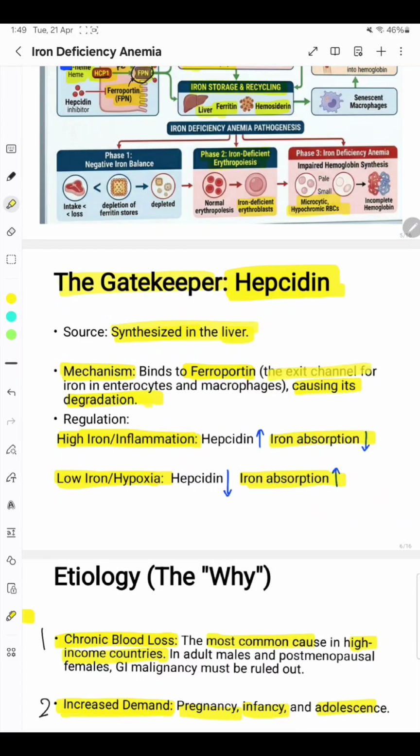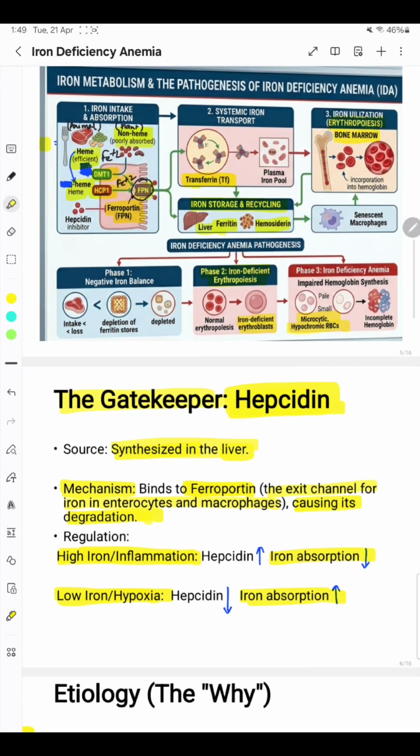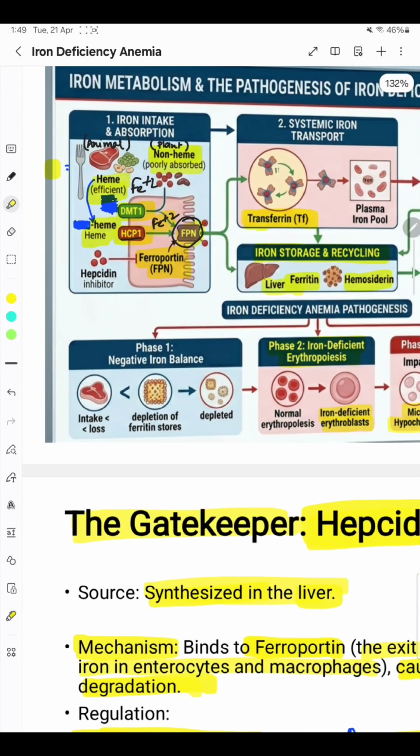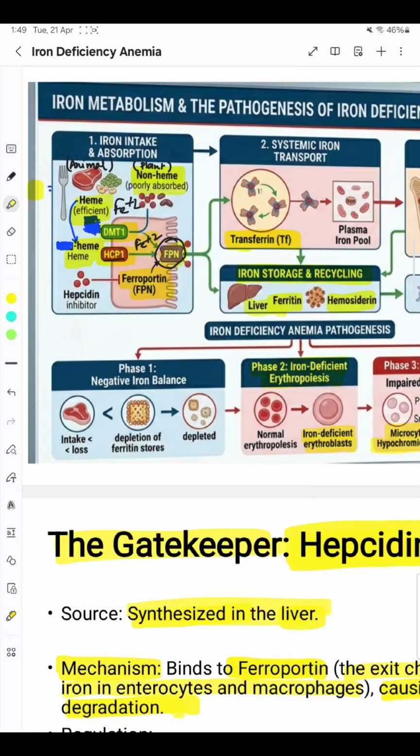Ferroportins are the exit channel for iron in enterocytes and macrophages. As we have discussed, during absorption, ferroportin helps the iron transfer from the enterocyte to the circulation, and they are also present in the macrophages.